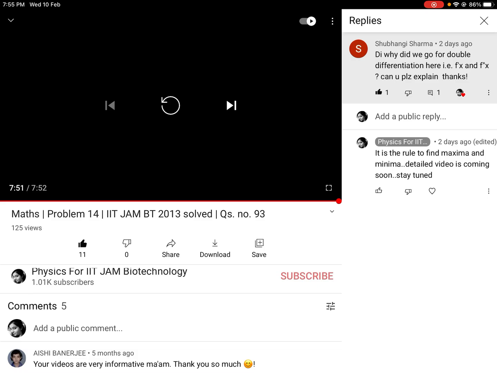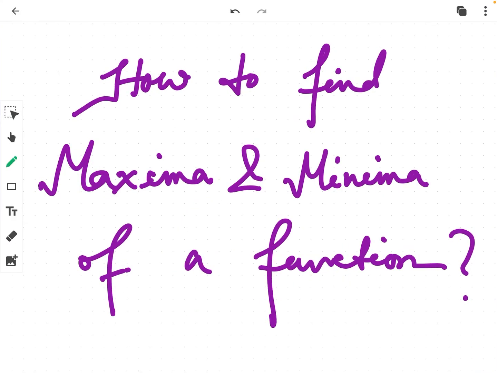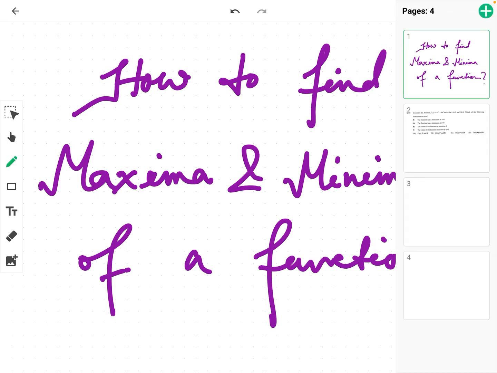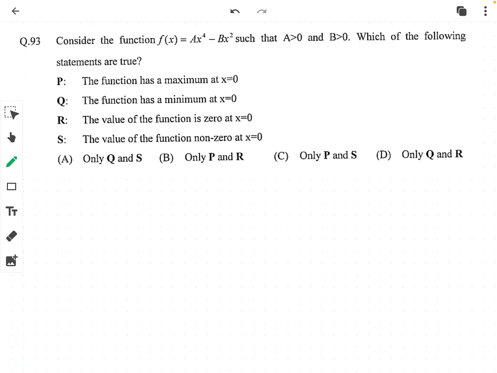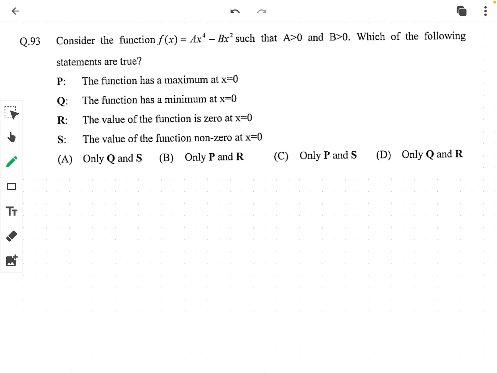Can you please explain? So for that I am going to explain this today, and I am going to discuss this topic of finding maxima and minima. So this was the question where she commented, she had a doubt here. Shubhangi, if you are listening, this is for you.